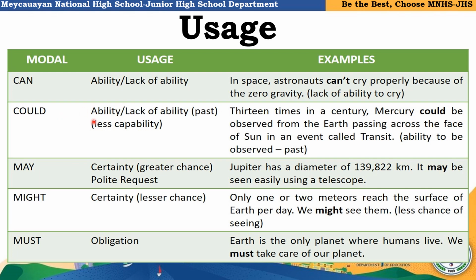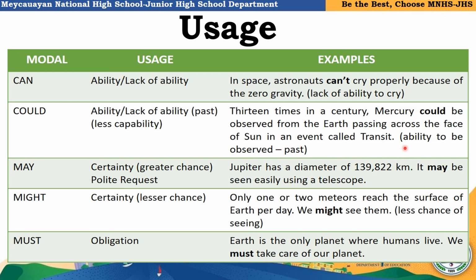Modal could also express ability or lack of ability but in a past form, and then it portrays less capability than modal can. We have here example, 13 times in a century, Mercury could be observed from the Earth passing across the face of the Sun in an event called transit.